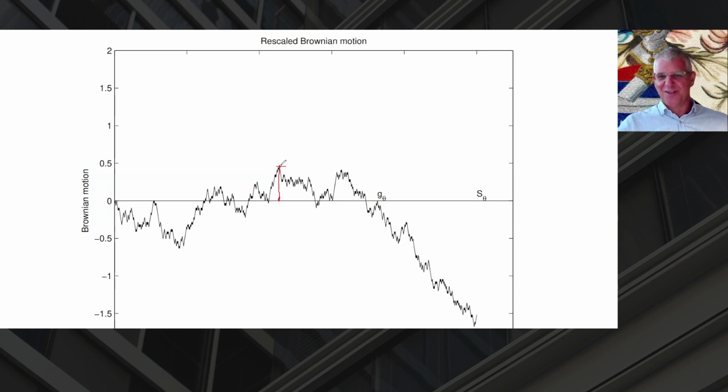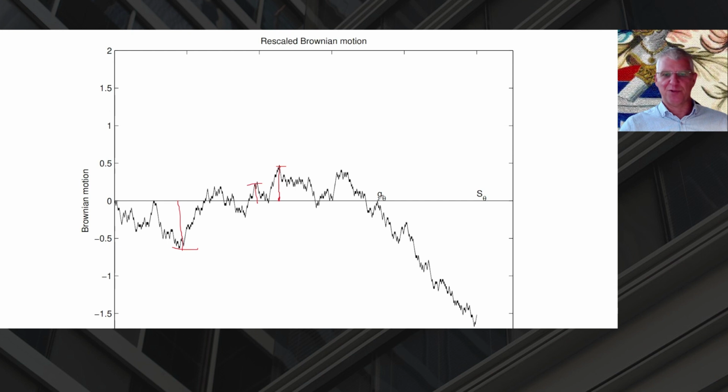And here is the connection. If you know the heights of all the excursions, if I know the height of this excursion, which is negative, and the height of this excursion, which is positive, if I know the Poisson process of all these heights, then I will know the maximum of this piece of path up to g theta. To determine the maximum of the absolute value of this piece of path up to g theta, I just need to know the heights of the excursions.